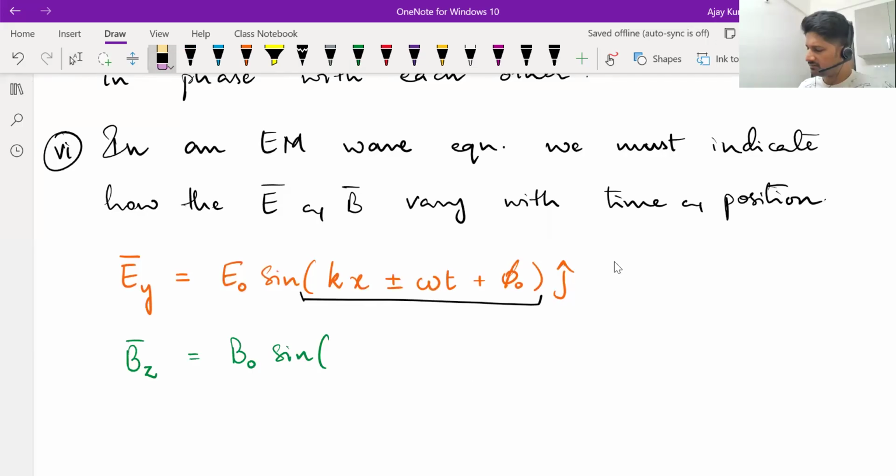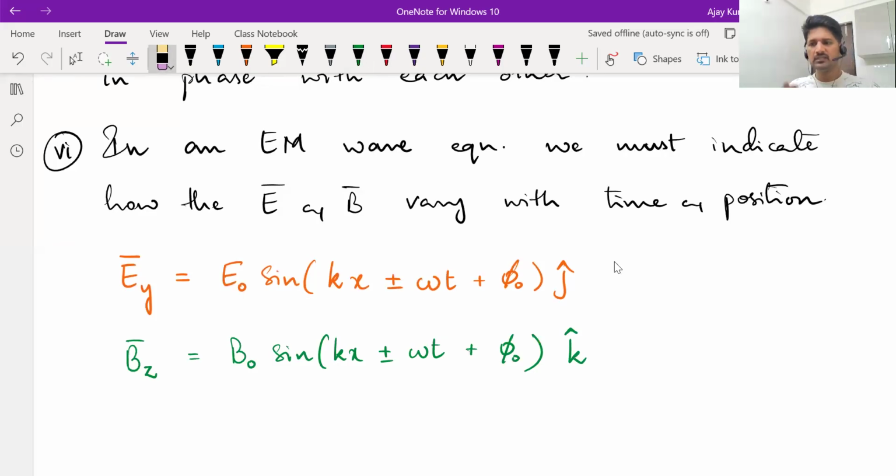So that makes it very easy for us to write the magnetic field equation. Kx plus or minus omega t plus phi naught. And this is in the z direction, so k cap. That's all. This is how we represent electromagnetic waves. We write the equations of their electric field and magnetic field as functions of position and time.